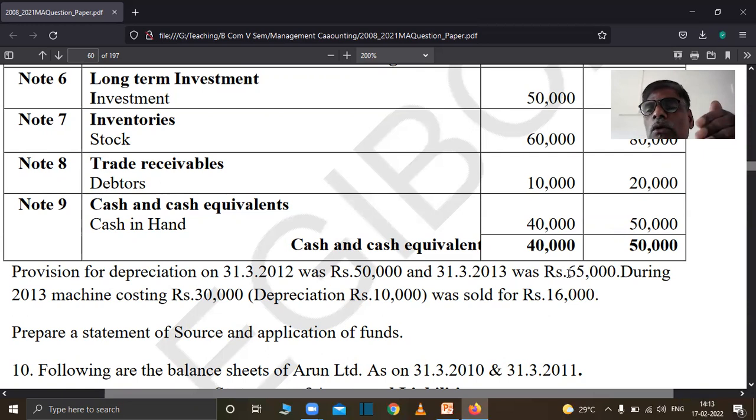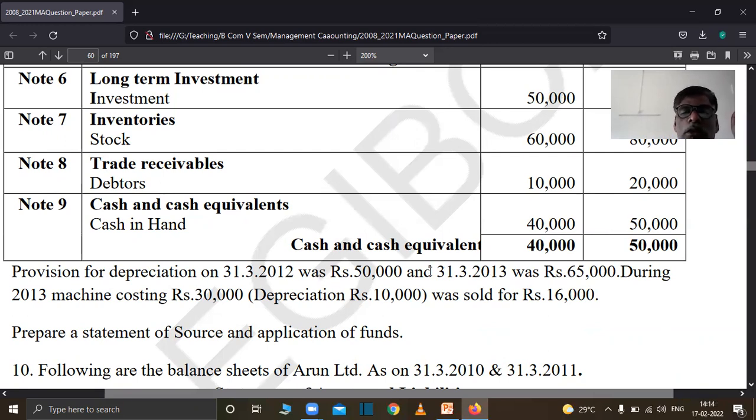Okay, in some cases they will give you the provision for depreciation under the provisions in the liability side, in the liability head. So if it is given in the provisions head or short-term provisions, then you take the original value of asset. Original value of asset is to be taken to prepare the asset account and find out the profit or loss.